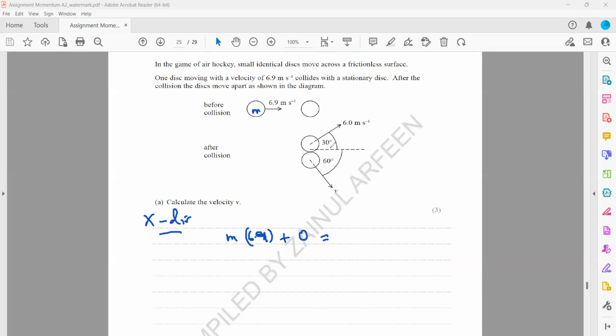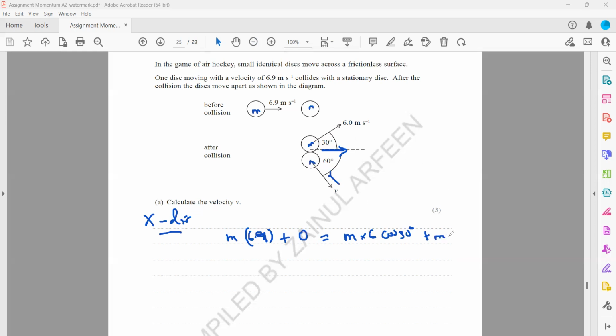And the horizontal component for this one will be m v cosine, because momentum is mass into velocity. So m into 6 cosine 30, plus the mass of the disk is also m here because they are identical.